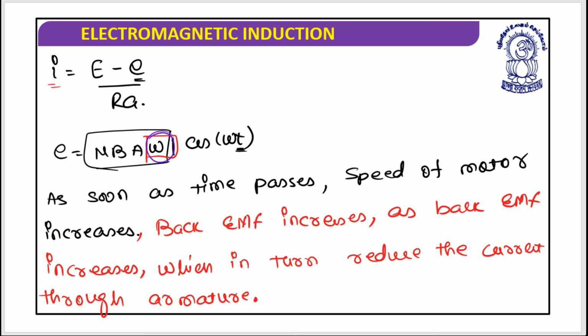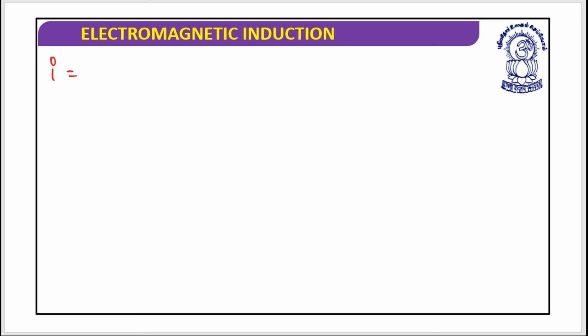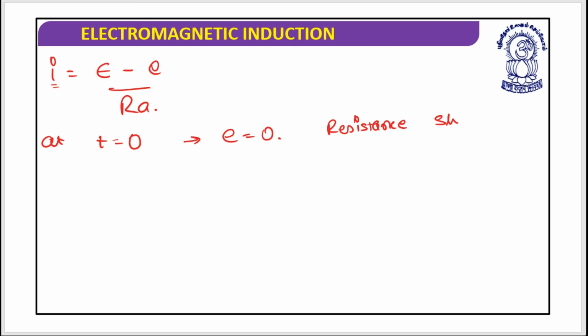So let's understand a certain logical parameter, that I equals (V minus E) by RA. Initially, let's understand that this is the situation. At t equals 0, E equals 0, and that's why I is increasing. So at t equals 0, what I want is that the resistance should be higher.